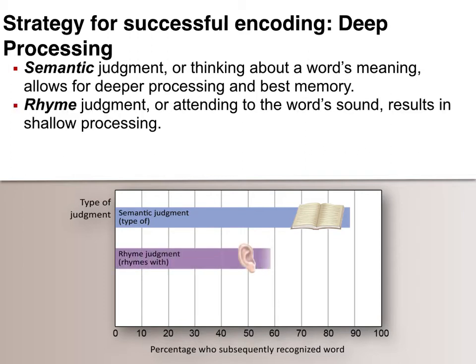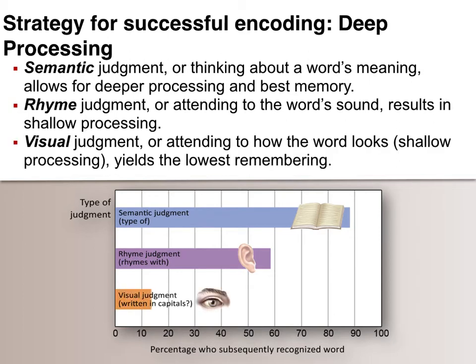When people did rhyming, and this is again attending to the word sound, this was shallow processing, they only remembered the word about 55% of the time. And when they just paid attention to what the word looked like, they just used visual judgment, then they only remembered the word about 15% of the time. So we really see that this deep processing, by using the semantics and understanding meaning, really results in better memory.